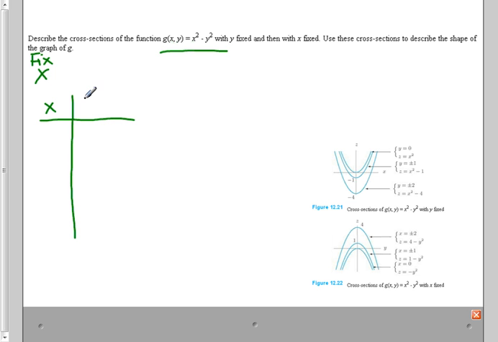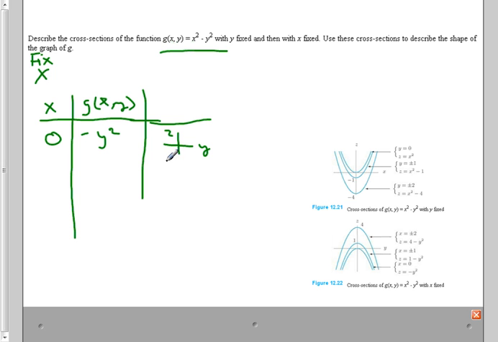Here's x, and here's g of x, y, and here's what our graph looks like. So when x is 0, we're going to get just negative y squared, and we know what that looks like. Here we're graphing y and z together, so we're going to get something that looks like this.